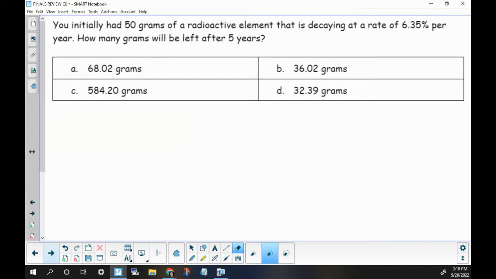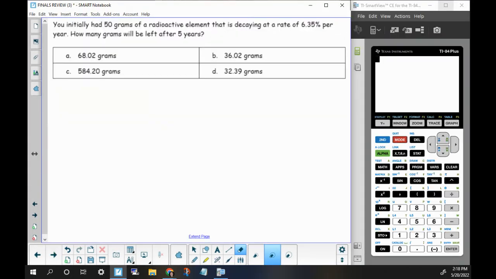So in this top part of your review sheet, we're going to do the following. It says you initially had 50 grams of a radioactive element that is decaying at a rate of 6.35% per year. How many grams will be left after 5 years?